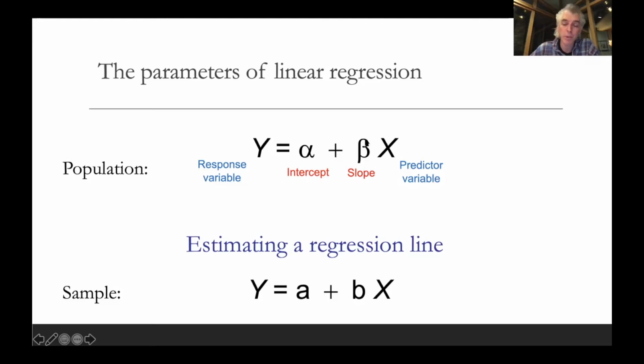So what these represent are the true intercept and slopes associated with the relationship between our predictor variable and our response variable in the population. And we estimate alpha and beta using a sample collected from our population. And when we perform our linear regression based on our sample, what we estimate are A and B for the intercept and slope, respectively.